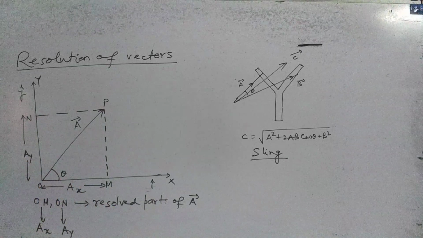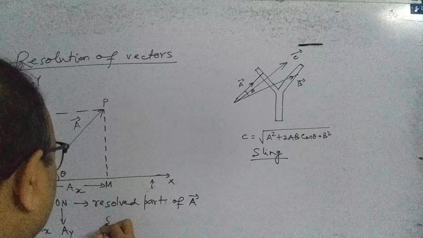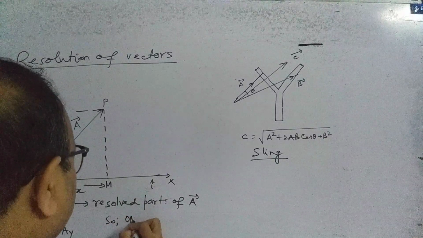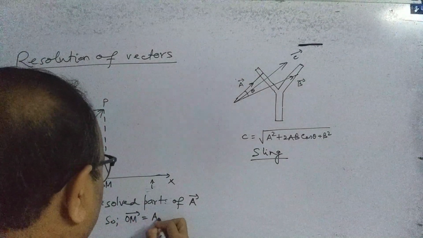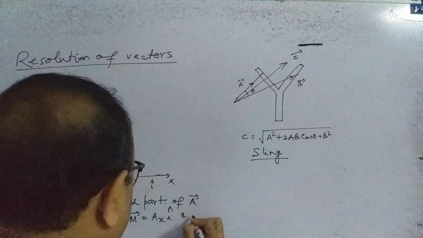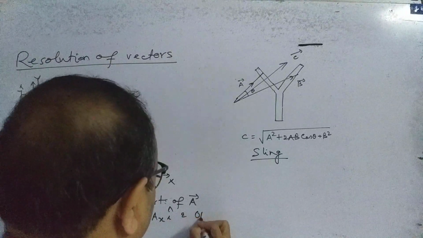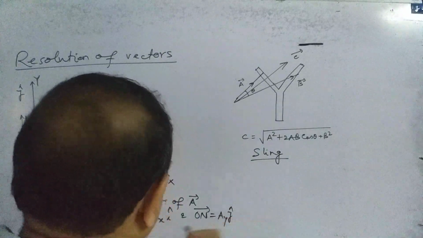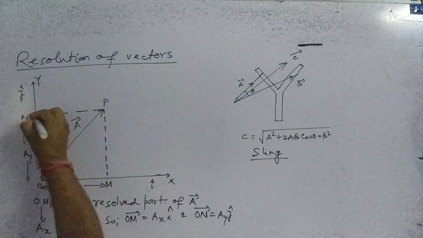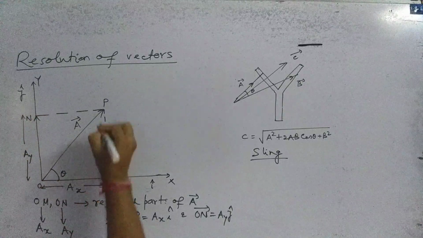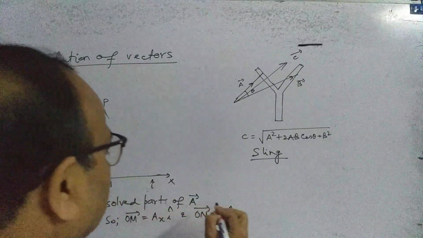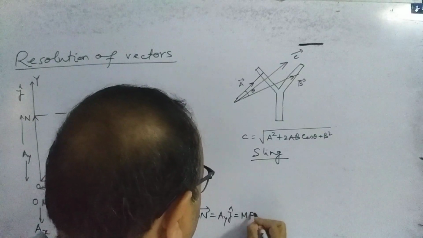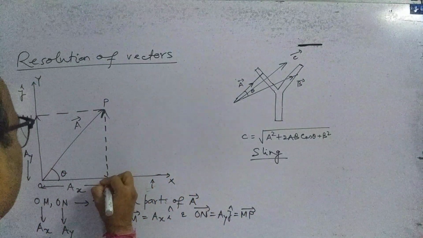So OM vector will be equal to AX into i cap and ON vector is equal to AY into j cap, and ON vector is equal to MP vector also.